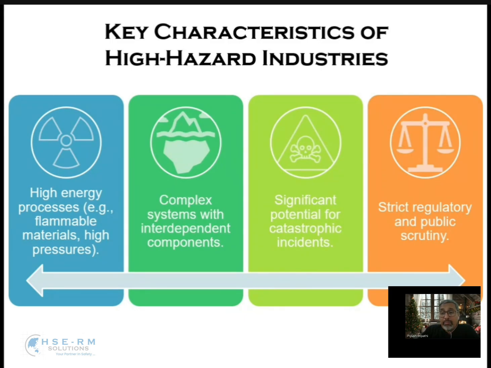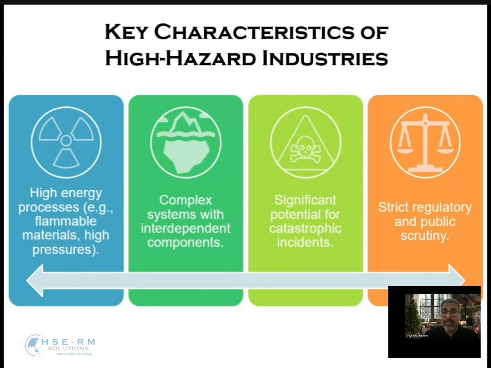Even if the process has the potential that one person can die, or there can be a fatal one, then it is considered to be a catastrophic incident. That is why our risk matrix says one fatal, correct? Yes or no?